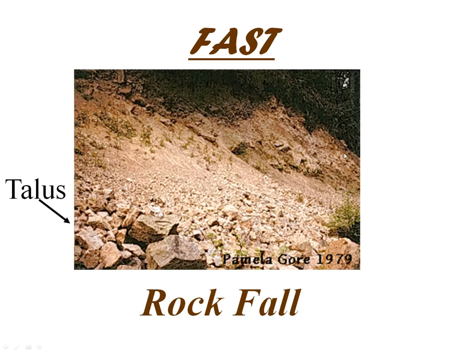If you've ever driven through the mountains, you'll often see signs, beware falling rock. Rocks break off of cliffs, and then at the bottom of most any cliff, there's going to be a pile of rocks dumped there, all mixed up, different sizes. That pile is called talus.